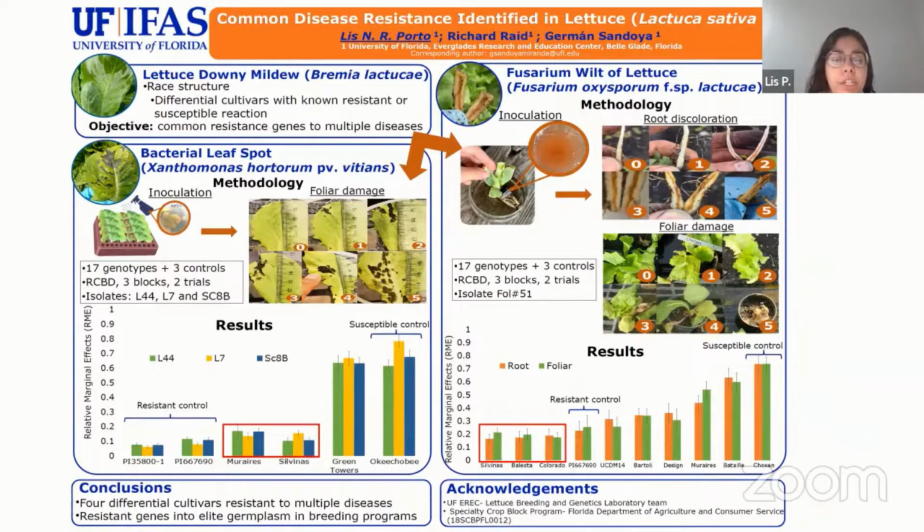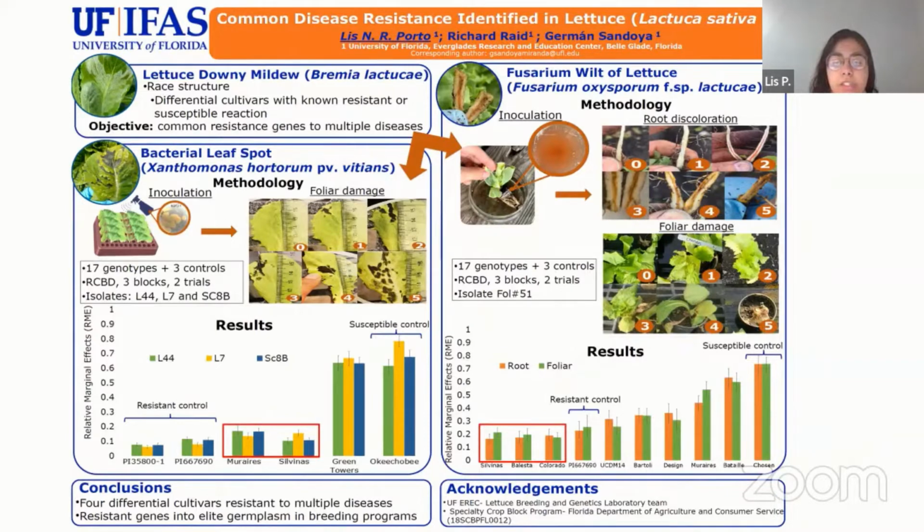And the relative marginal effects showed that 3 differential cultivars, Sylvinas, Ballesta, and Colorado, presented even lower disease severity than the resistant control for both parameters analyzed.